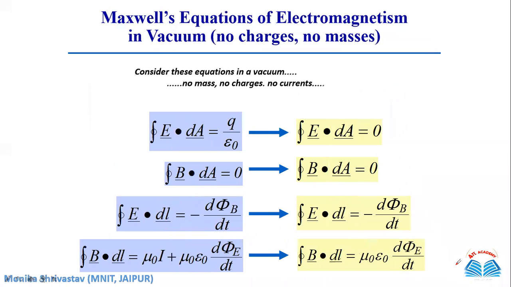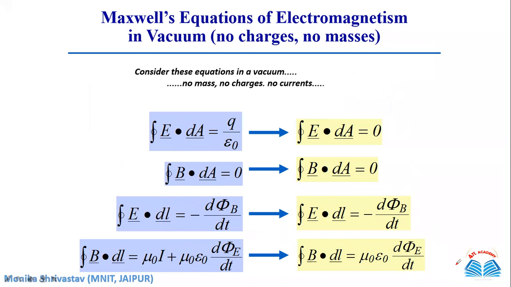Okay. So moving ahead, Maxwell's equations were modified from time to time by some scientists. Okay. So when we want to apply Maxwell's equations of electromagnetism in vacuum, first of all, what is vacuum? Vacuum is that place where there are no charges, no masses, nothing at all, just empty, no air, nothing.